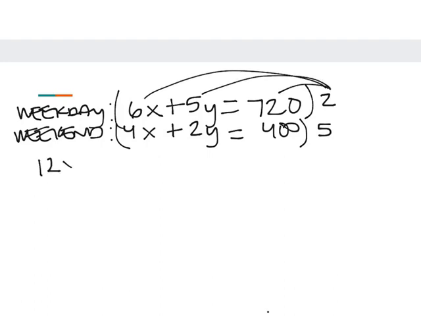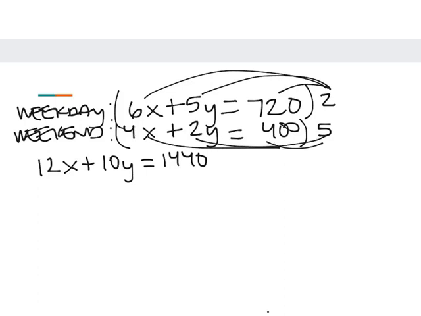I have 12x plus 10y, and then 720 times 2 is 1,440. Now I'm going to distribute the 5 to all of those variables. 5 times 4 is 20x. We have to make one of them negative so that they subtract from each other, so we make that a negative 20.